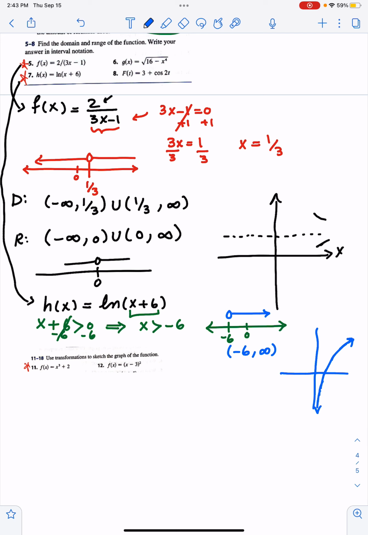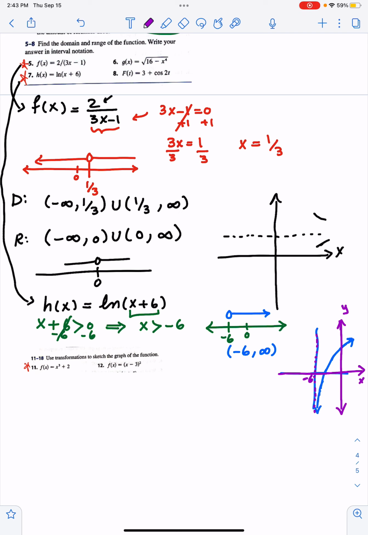So that means the y-axis is somewhere here, and the x-axis is this one, and this is negative 6, your vertical asymptote. Basically, the graph is after negative 6.